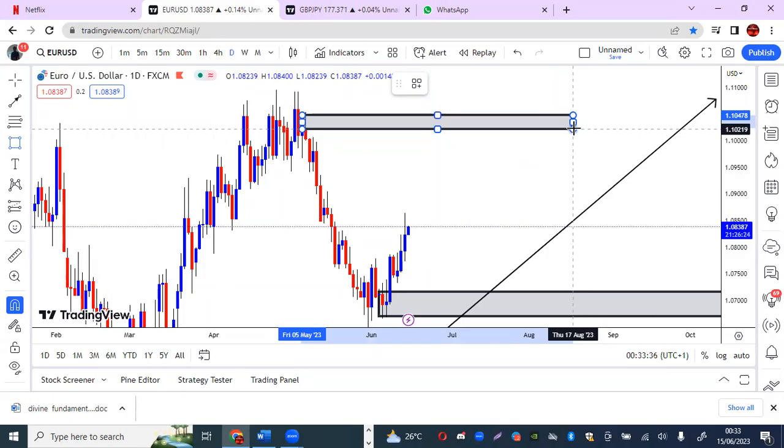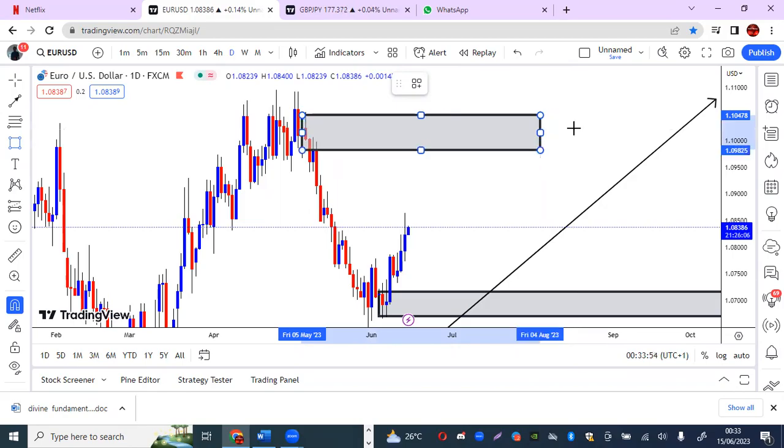Remember we said rally, base, drop. That's for supply. Then for demand, we have drop, base, rally. A V shape for demand, and then an inverted V for supply.